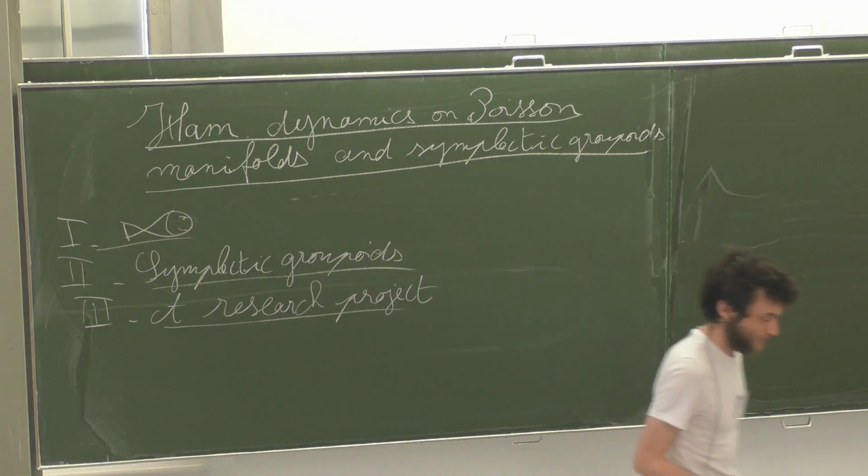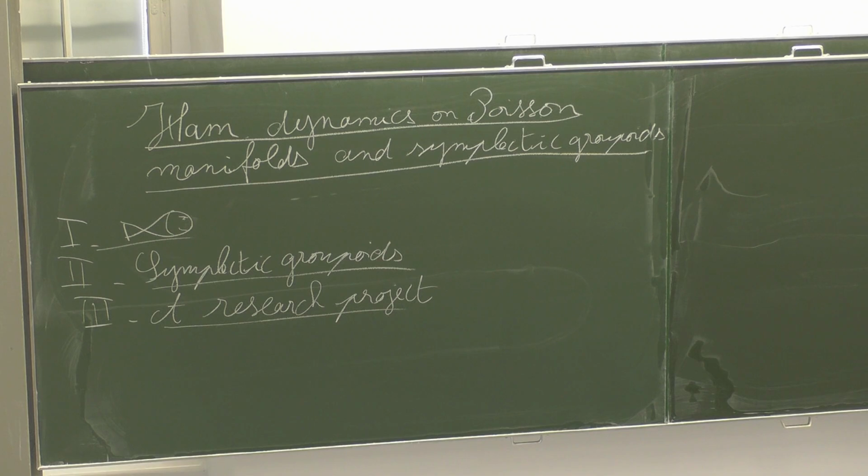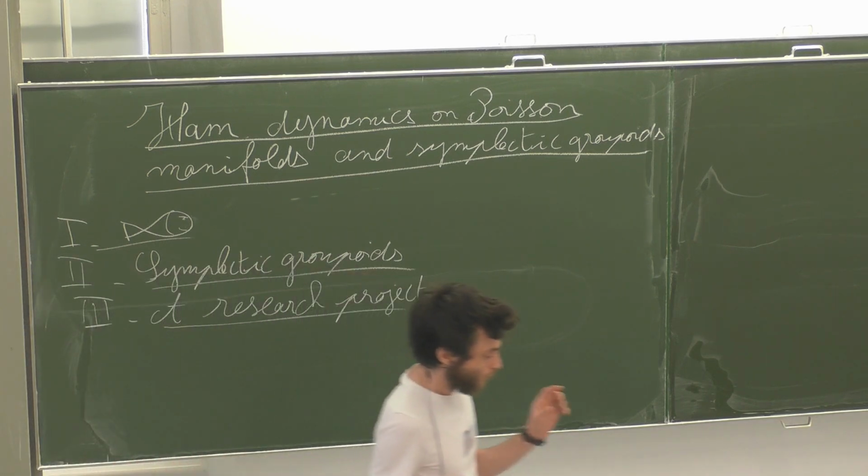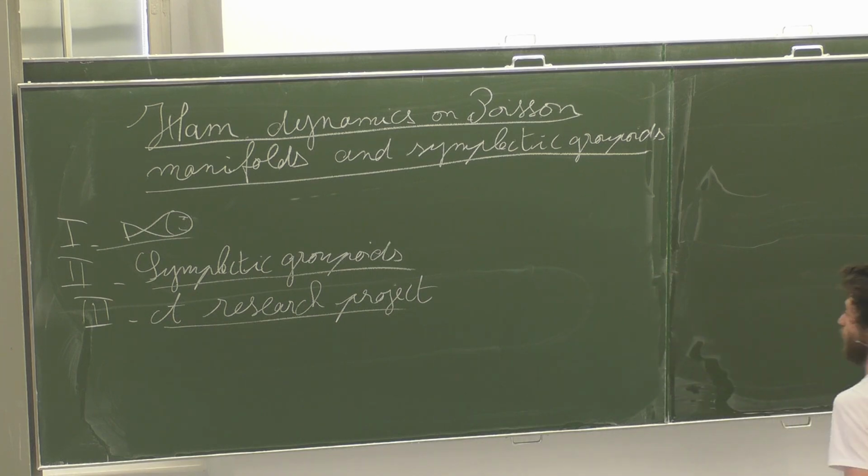The research project is about using Poisson geometry to construct numerical methods for Hamiltonian PDEs, and say the first two parts of this talk are one part of the research project.